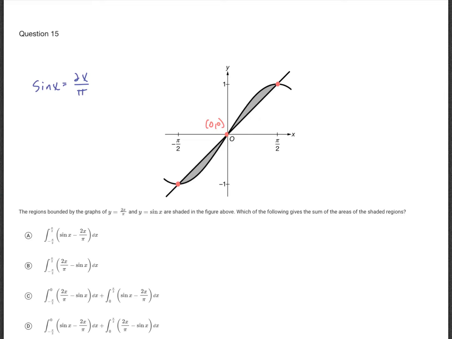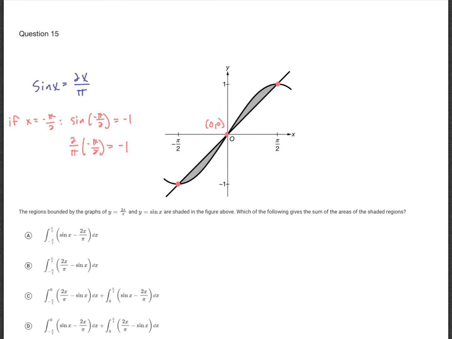So just notice, when you set these equal to each other, if x equals negative pi over 2, sine of negative pi over 2 is negative 1, and then if you do 2 over pi times x, which is negative pi over 2, you get negative 1 also. So if you plug in negative pi over 2 into both sides, you get negative 1, so they're equal.